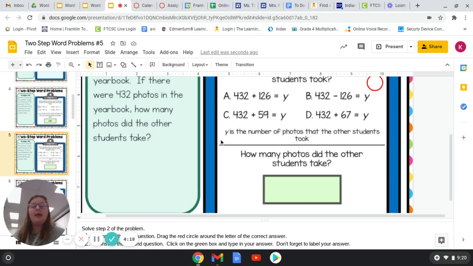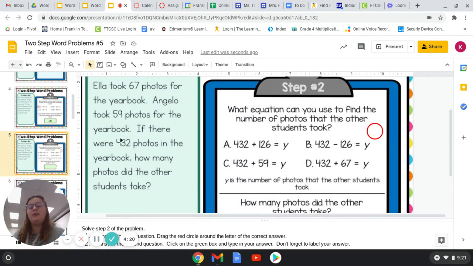Remember, there were 432 photos in the yearbook. Now we're trying to figure out what equation we can use to find the number of photos that the other students took. I'm going to start with my 432, and I'm going to subtract how many photos Ella and Angelo took.